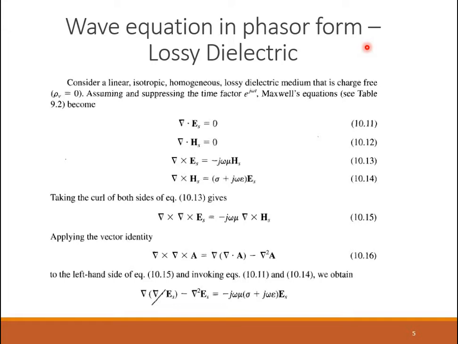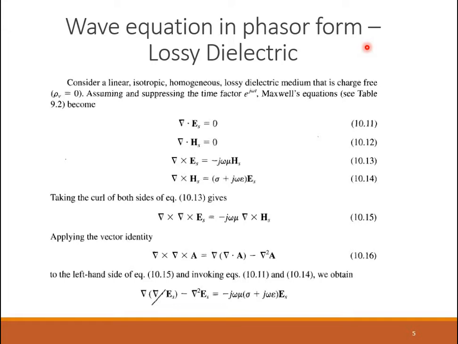So the same thing here also. In order to derive the wave equation in phasor form, we're going to first derive the wave equation for a lossy dielectric. What is a lossy dielectric? It is a medium where, when your electromagnetic wave propagates, there will be some losses due to poor conduction.